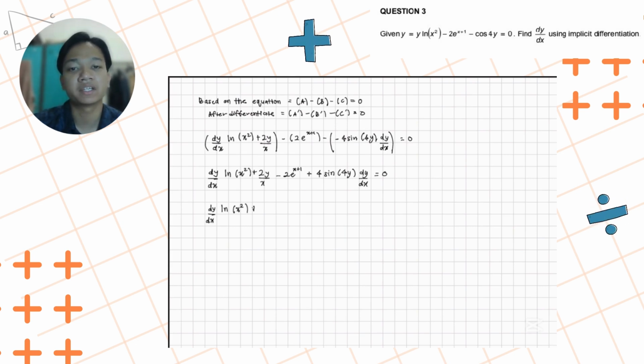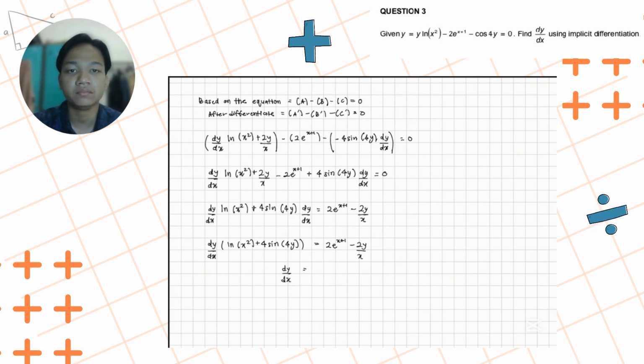Since we are finding dy/dx, separate the dy/dx term from the other terms. After that, we need to factorize the dy/dx term. To get the value of dy/dx, we need to divide by the bracket terms.